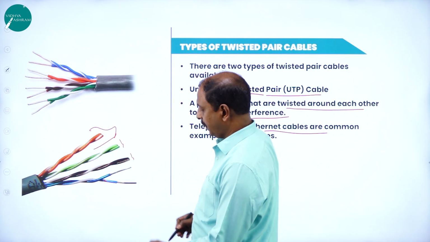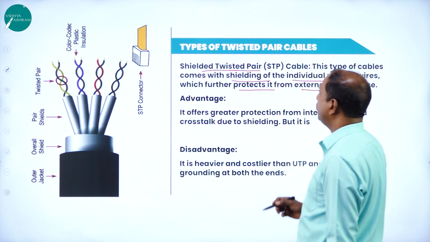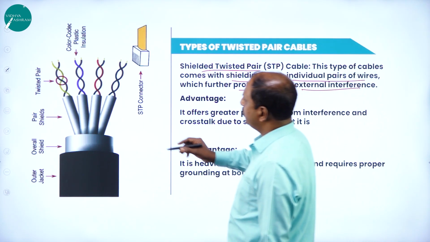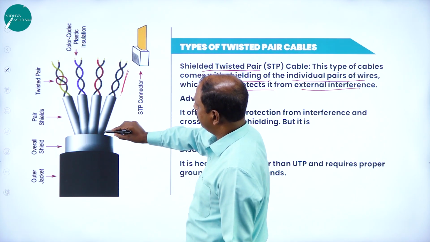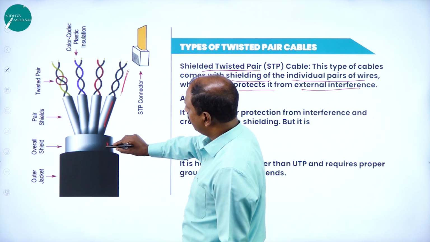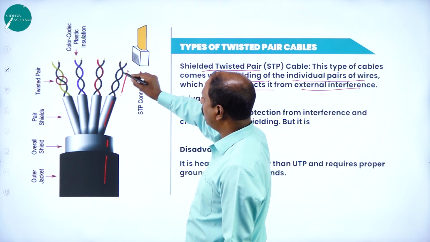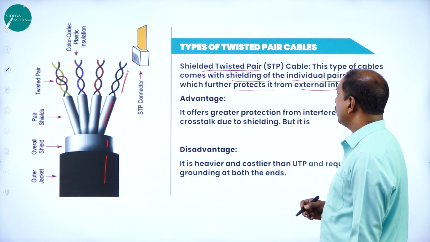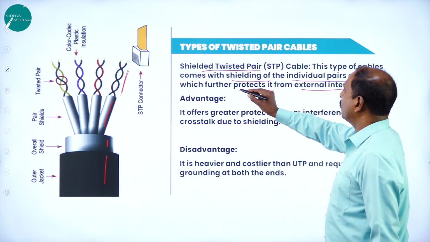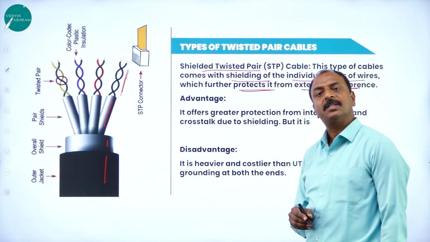But in this diagram, this is STP. This is one pair of cable with a shield here. This is one shield. Again we have the overall shield, and this is the outer jacket. So this is how STP cable is, and the advantage is that it protects from different types of external interference or disturbances.